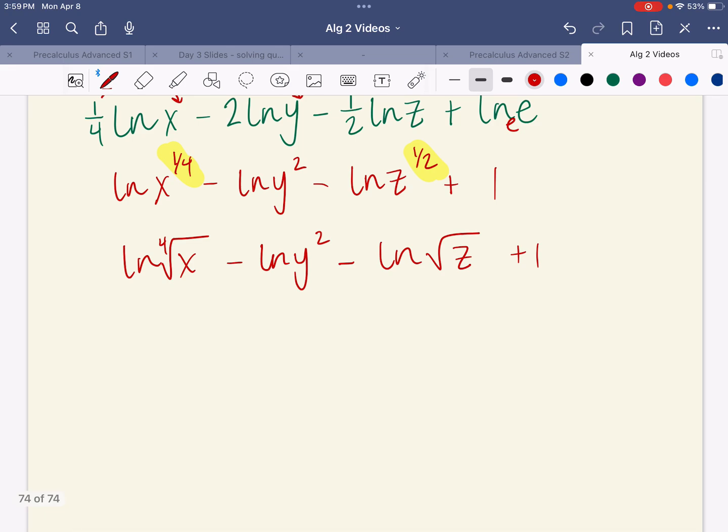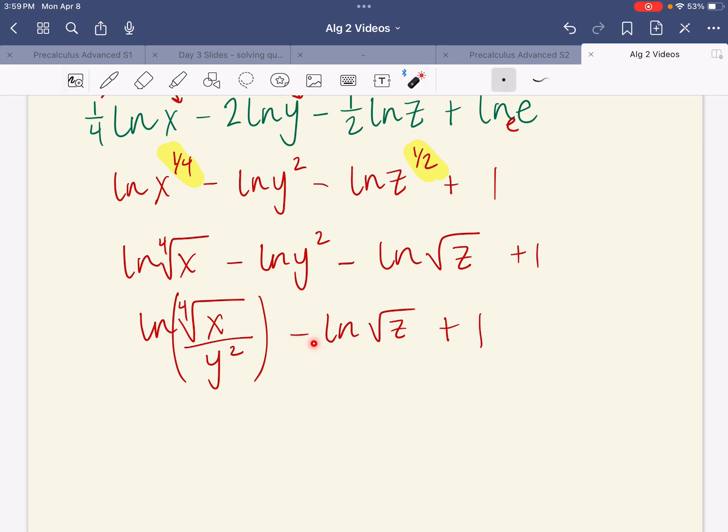Okay, now the natural log of the fourth root of x, I know that it's going to actually be divided by both of these. So if you want to make it one fraction and put them both in the denominator right now, you can. I'll show you if we do it in 2 steps. Sorry, we're taking the natural log of this whole expression. We're going to get the same thing.